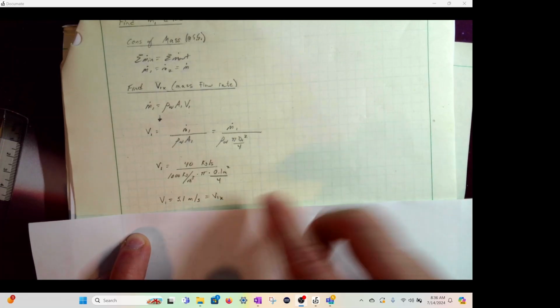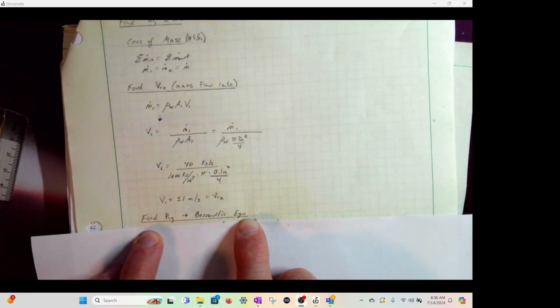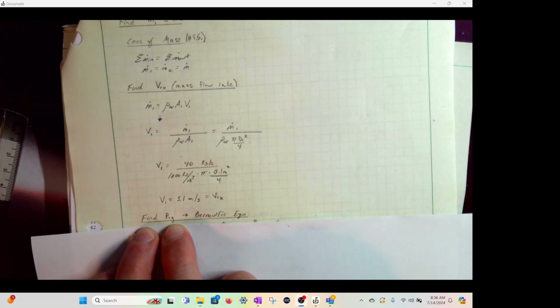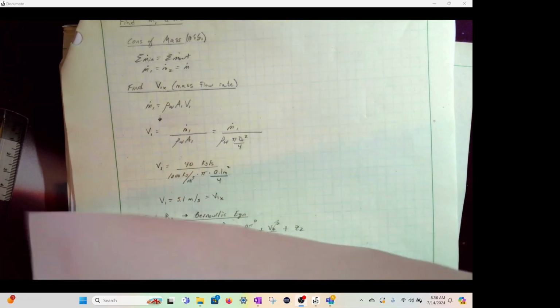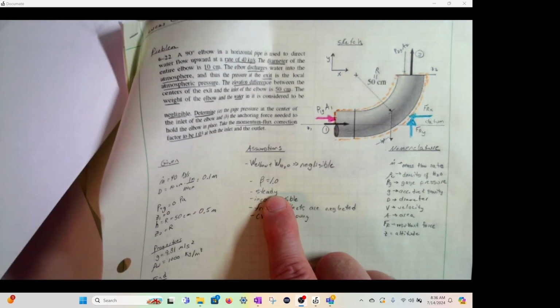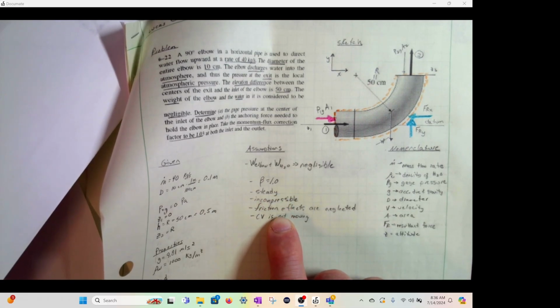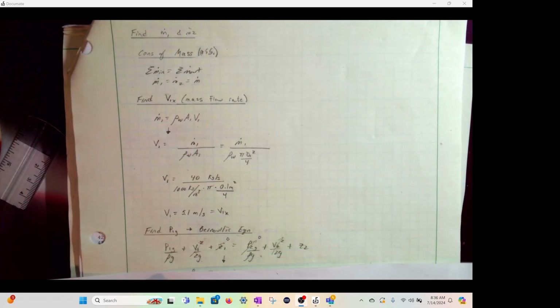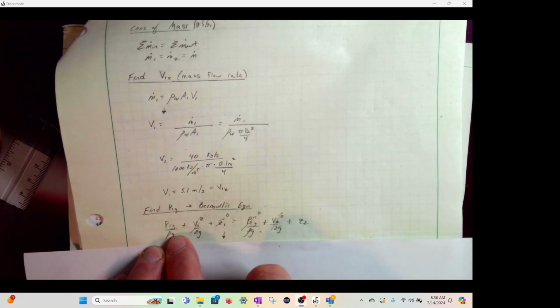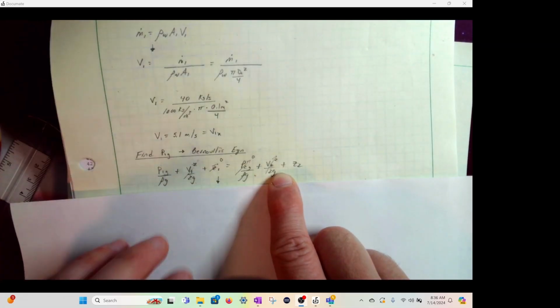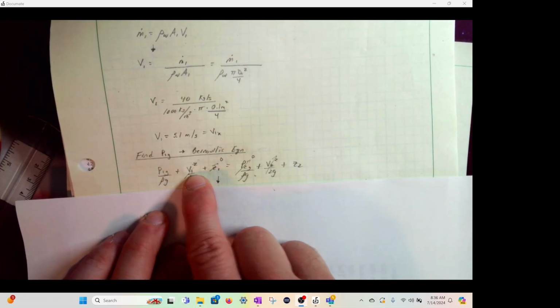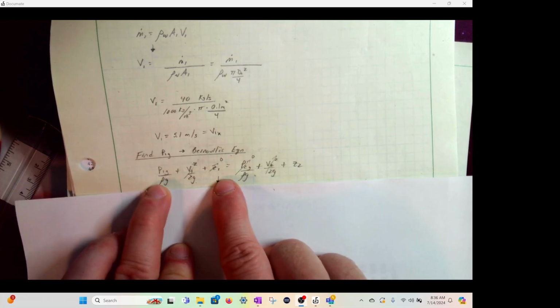Okay. Now we're going to use Bernoulli's because we need to solve for P1 gauge. That's our next unknown. Why can we use this equation? Well, if I go back to our assumptions, steady, incompressible, and neglecting friction, we can use Bernoulli's, which is basically an energy balance between two different states, state 1 and state 2, which relates pressure, velocity, altitude from one state to the next.